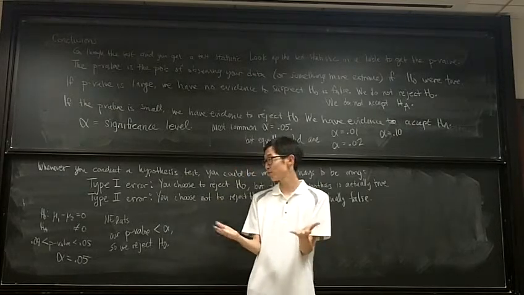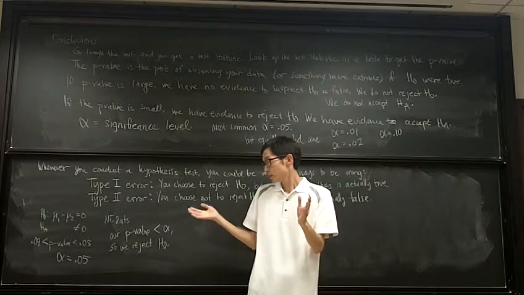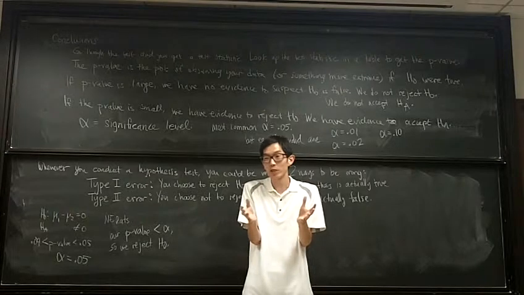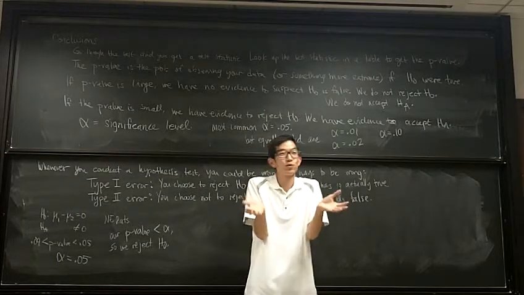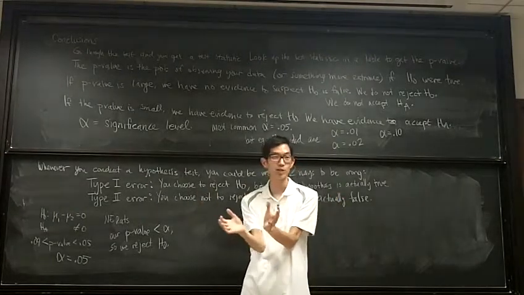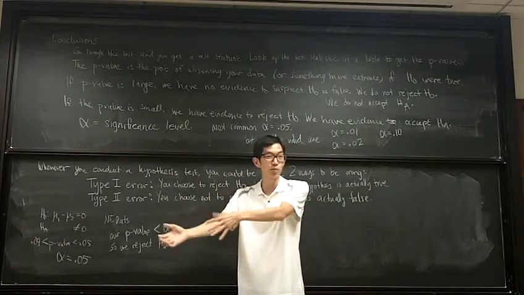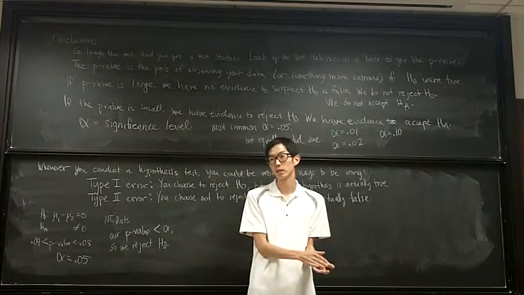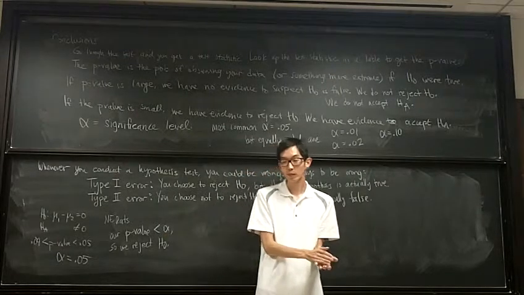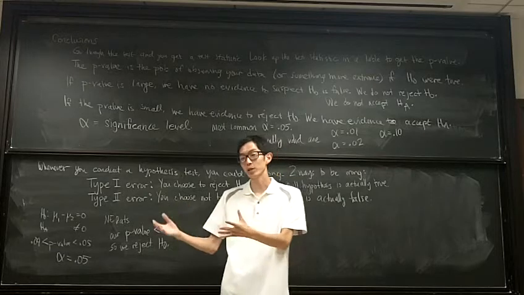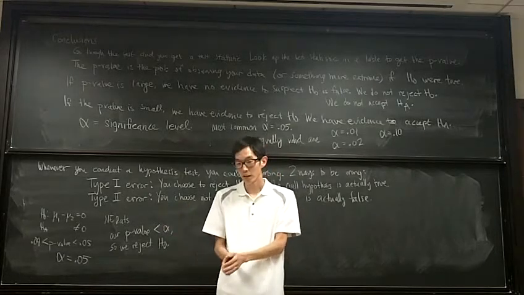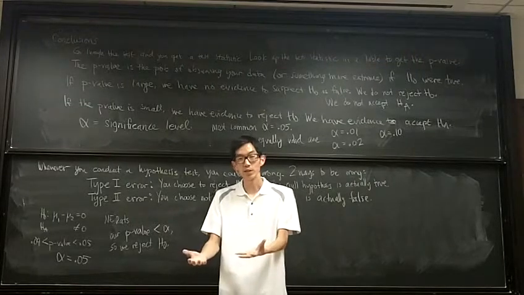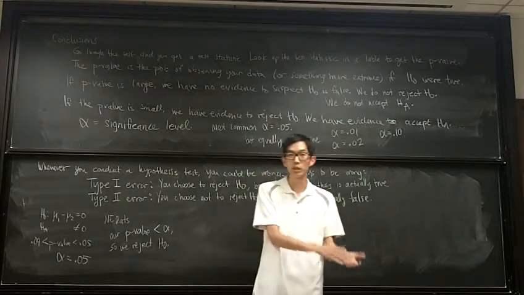Because of the random nature of that and life and everything, we happened to be one of the 4 to 5%, I guess, of research groups that got this difference, which led us to believe that there is a difference when there really is not. Okay. So we just happen to be, quote, unlucky in that our samples produced a difference that led us to believe that there is a difference when there really is not.